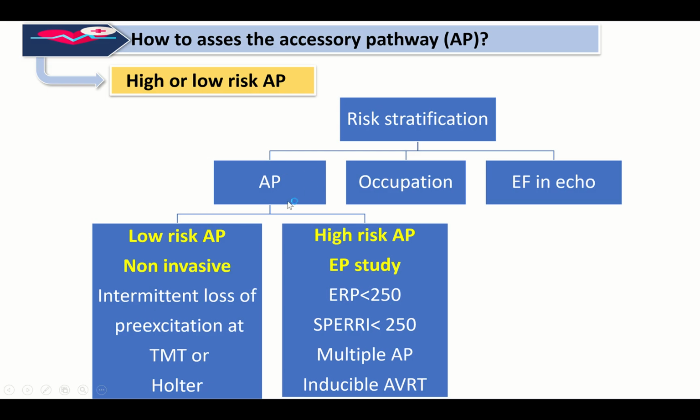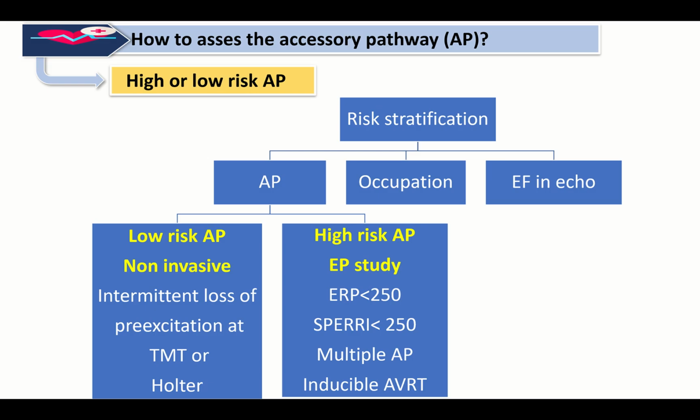Number 3, what about the accessory pathway during non-invasive and invasive investigation? If non-invasive investigation showed intermittent loss of pre-excitation on Holter or treadmill test, like our example, it means it's low risk.